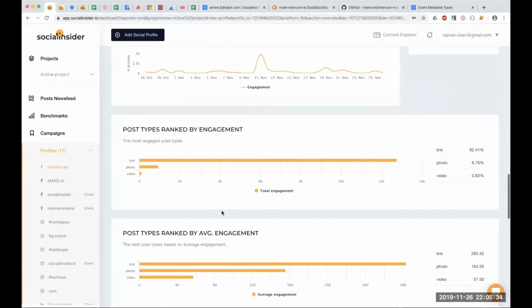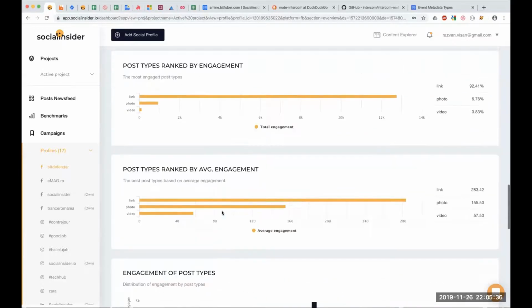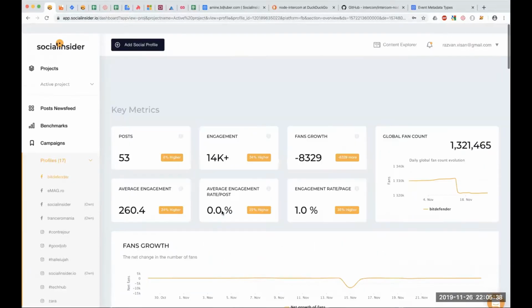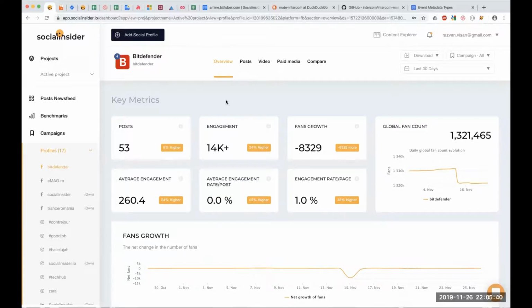The posts, the engagement, so the activity of the page and the engagement of the fans, will only depend on the posts. So be sure to select the same amount, maybe 1 year, for everything.